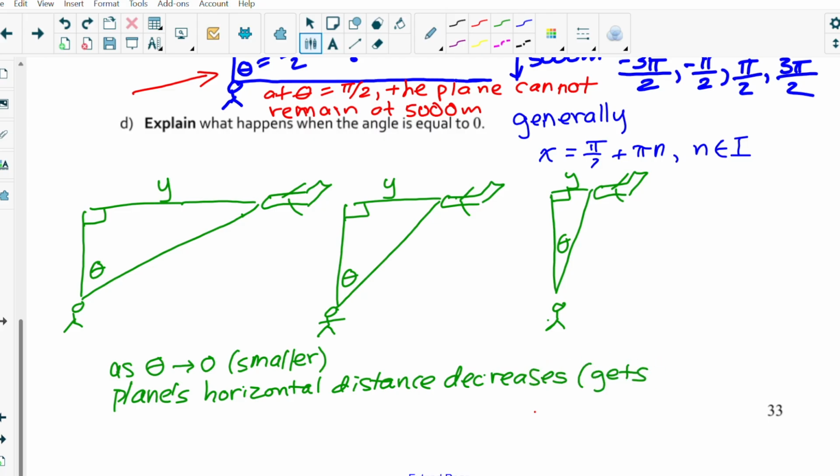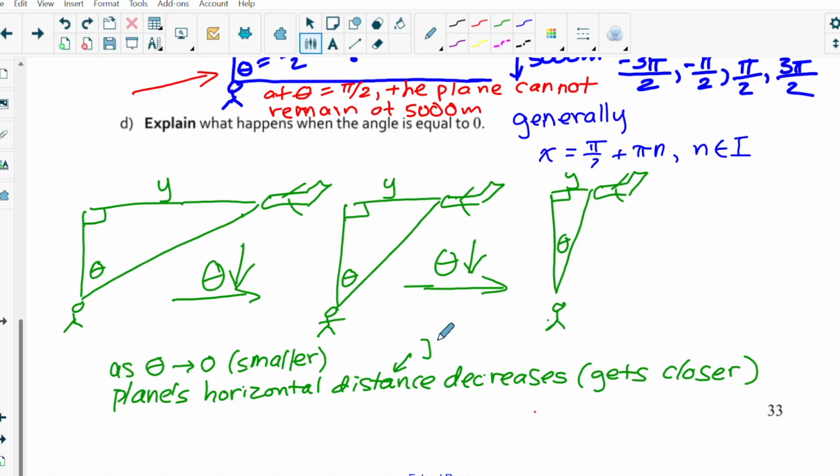In other words, it gets closer. So as we go from here to here to here, theta gets smaller. Theta goes down, theta goes down. The plane gets closer in terms of horizontal distance y.